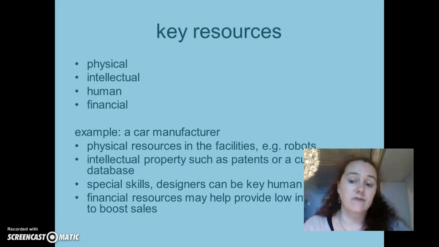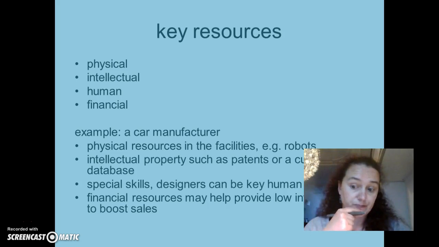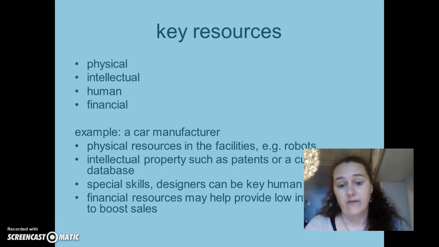But there are other types of resources that are important in being able to deliver your value proposition as well. There can be physical resources, there can be intellectual resources, and also financial resources. If you look at the example of a car manufacturer, the physical resources are really in the facilities. This can be buildings, but also robots or other specific things that they use to produce the car.